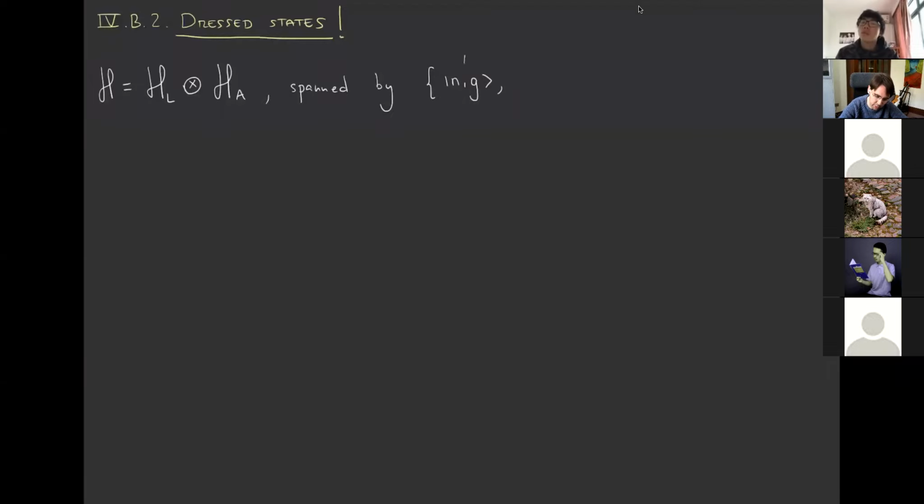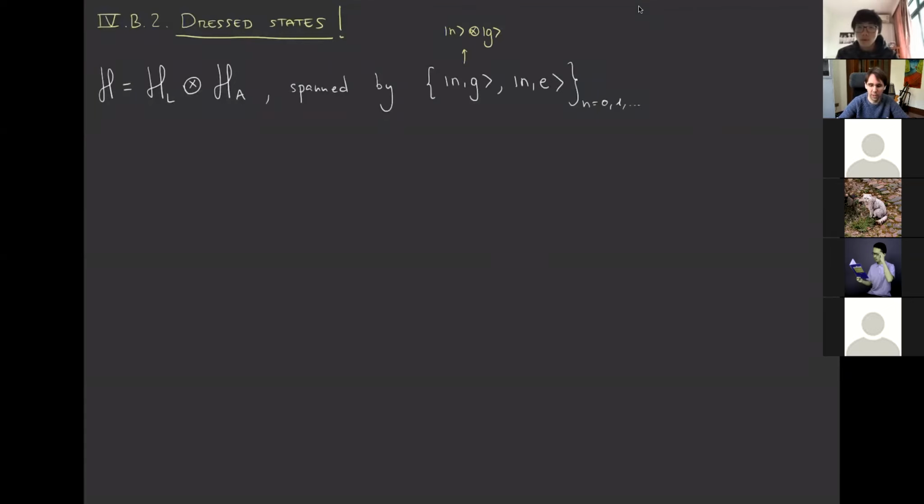I remind you that when I write that, I mean the Fock state tensor product with the ground state of the atom. Or you can have n excitations in the field and one excitation in the atom, so it's in the excited state. And n goes from 0 to infinity in units of 1.